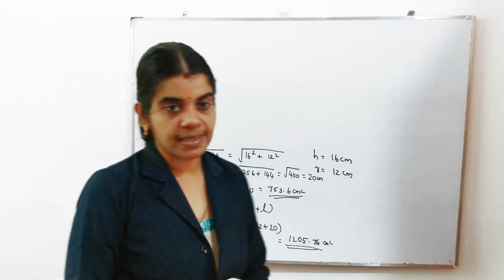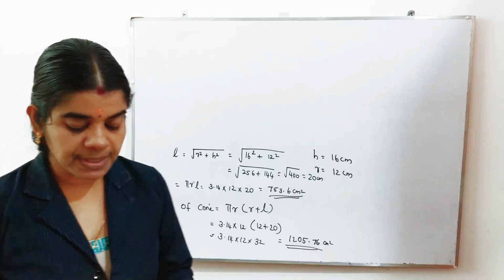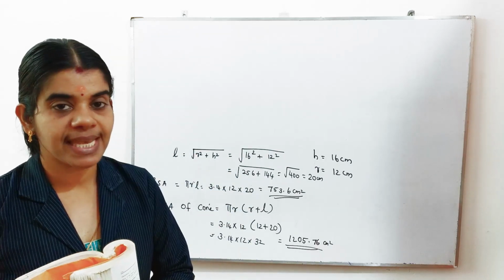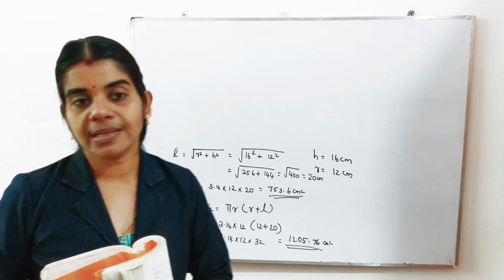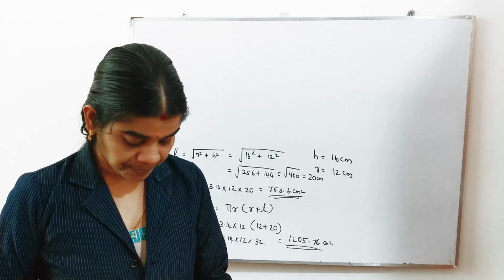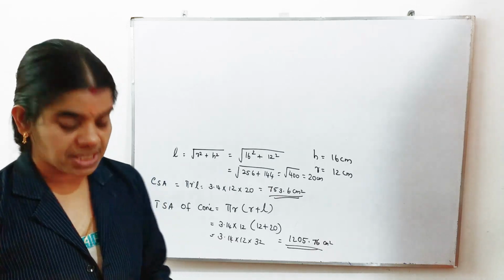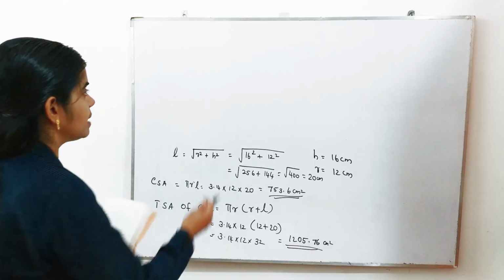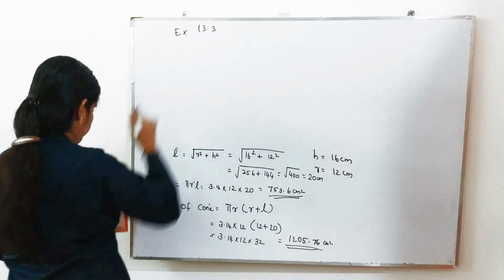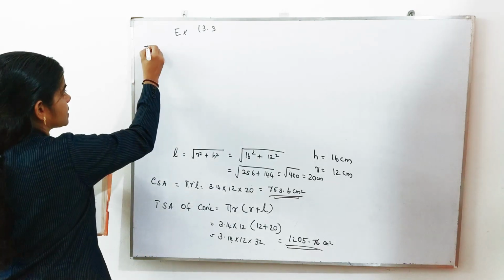Just hear the question clearly. A joker's cap is in the form of a right circular cone. You already know what shape a joker's cap is. It will be in the shape of a cone. This is Exercise 13.3, question number 7.